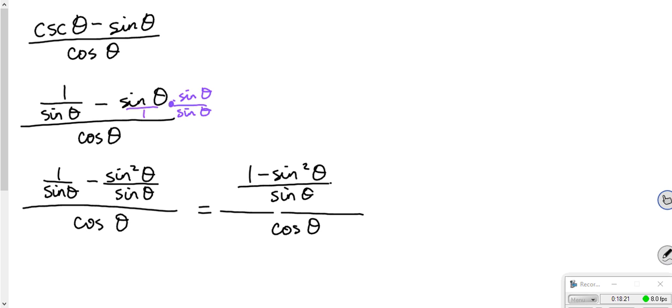Now, remember, this big fat fraction bar is just a division symbol. Okay? So, this is the same thing as, well, and before I go any farther, this is also a trig identity.